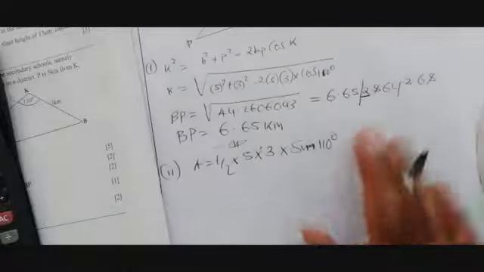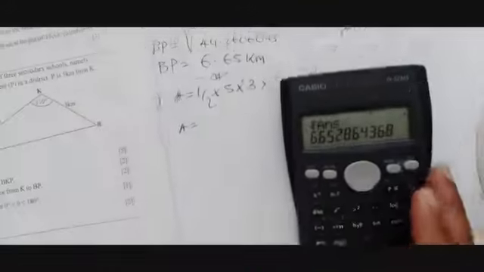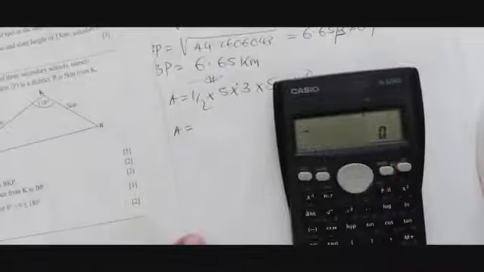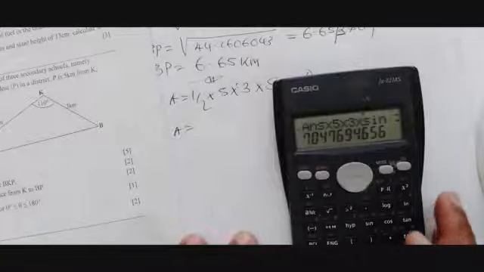So area is equal to, we get your calculator. You say 1 divided by 2 equals 0.5, right? Times 5 times 3 times sine 110. Look at what you're getting.